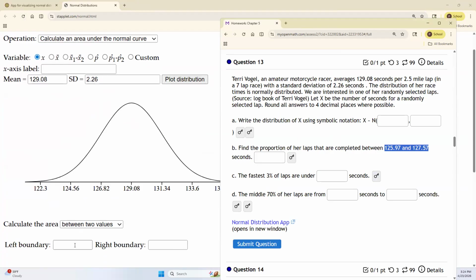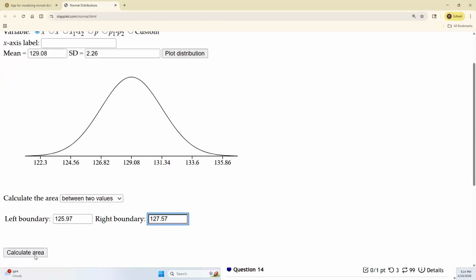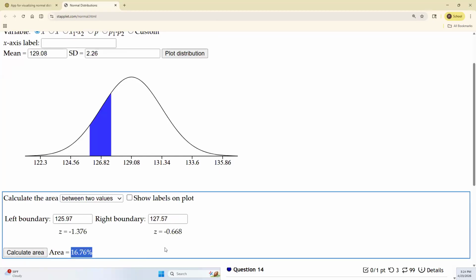So that's between 2 values, 125.97 and 127.57. 0.1676 or 16.76%. Right, so this is a really useful tool for your homework.